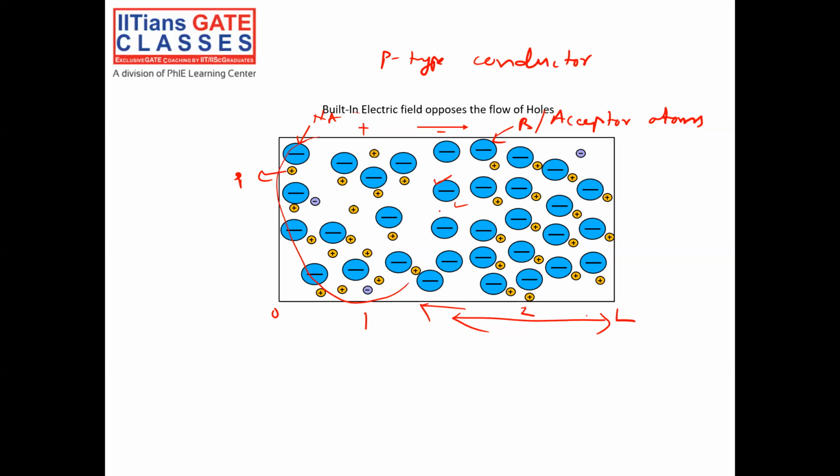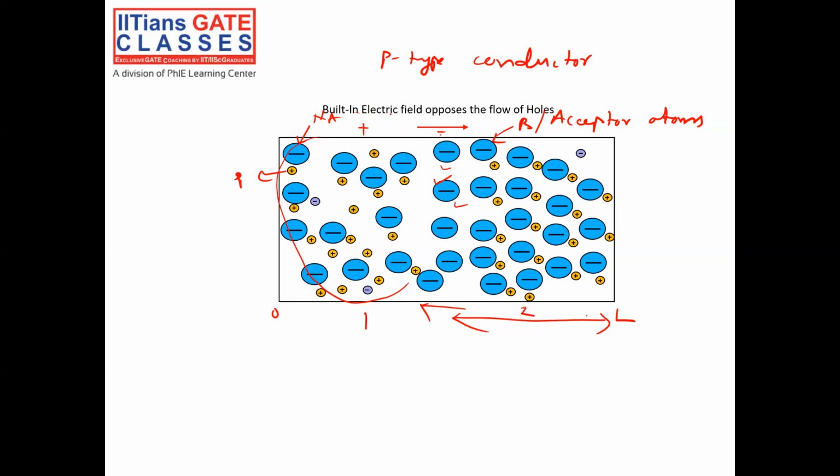What will happen? This created electric field, because of movement of holes due to concentration gradient, will expose the bounded atoms, and there will be a net negative charge in region 2 and net positive charge in region 1. Since there is a net charge, there will be a built-in electric field.